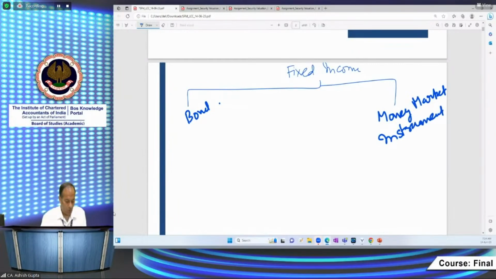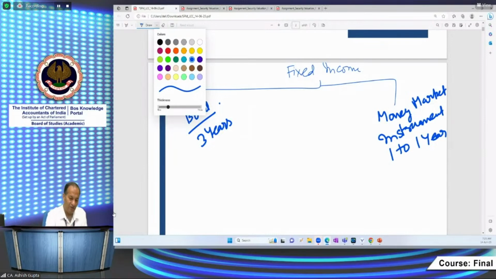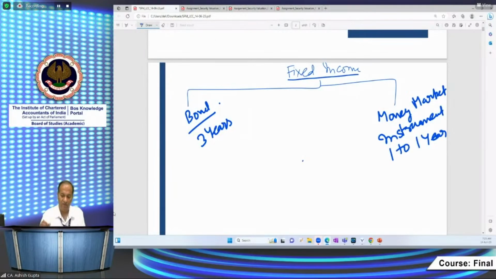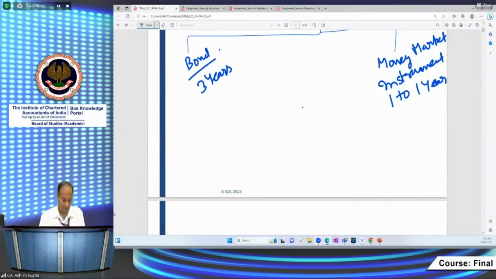What do we mean by the bond? Bond tenure is normally 3 years or more, and in the case of a money market instrument, duration is normally from 1 day to 1 year. This is basically the criteria, a kind of base, because whenever we talk about the bond, we should always remember that it is a fixed income security. So now let us move.